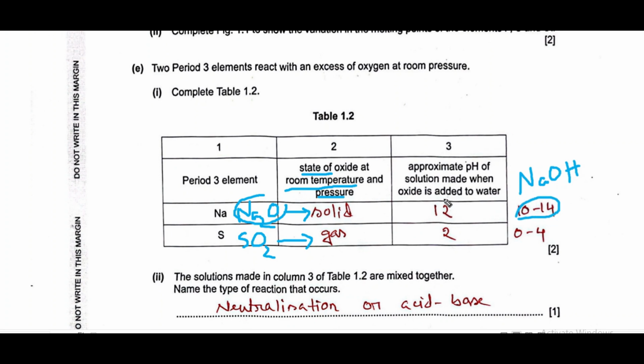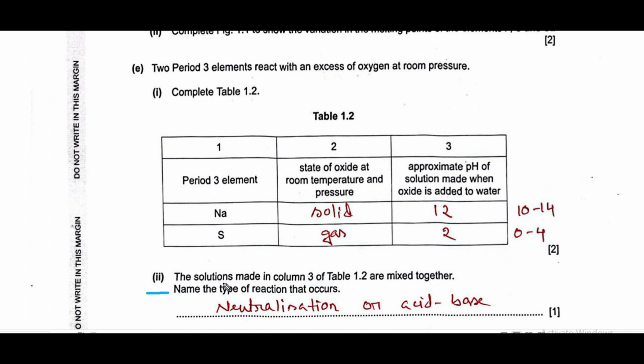I write 12 here, or you can write 13 or 14, you will get marks. Sulfur dioxide reacts with water to produce sulfuric acid. Sulfuric acid is a strong acid, its pH will be 0 to 4. So I write 2 here, you can also write 3, you will get the mark.